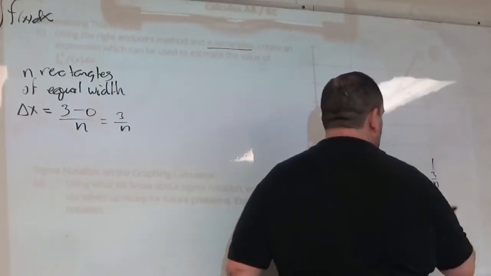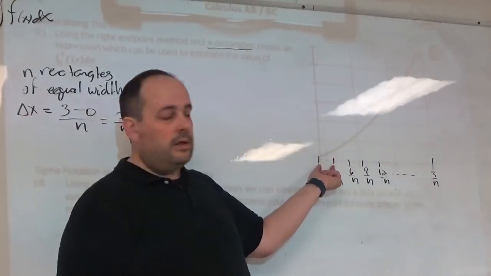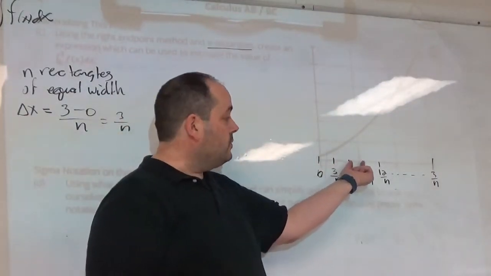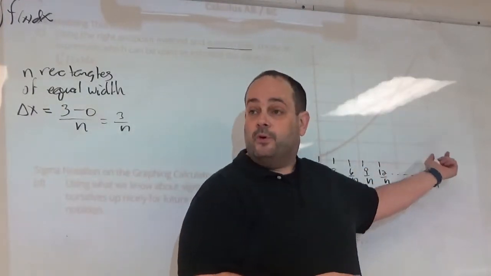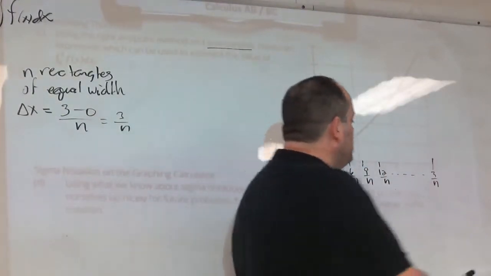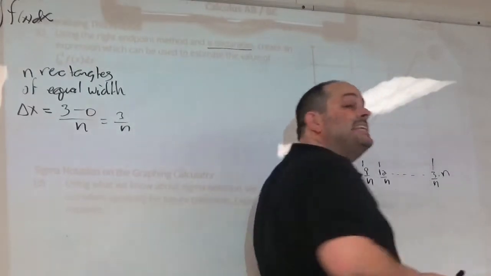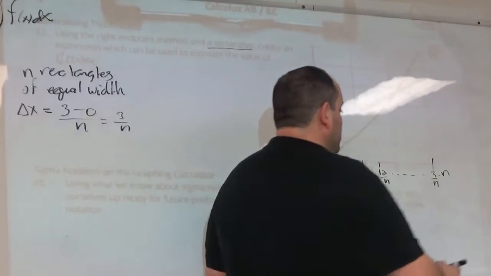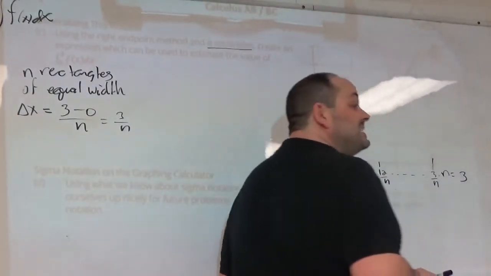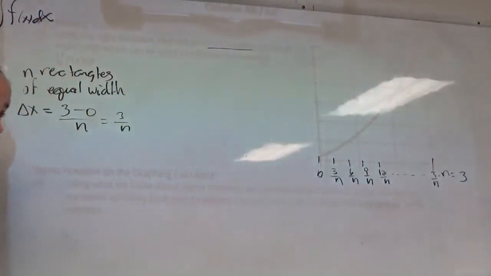How many times do I move 3 over n? You move n times. And 3 over n times n is 3. Exactly where I want it to be.